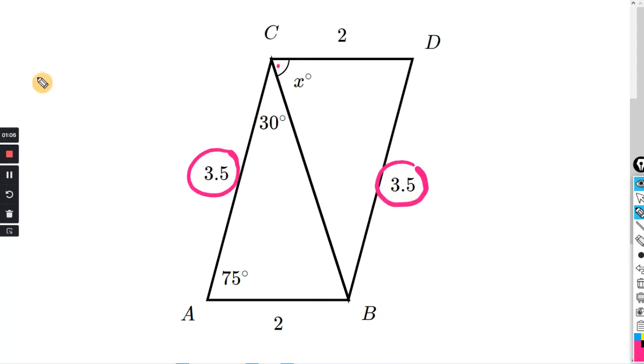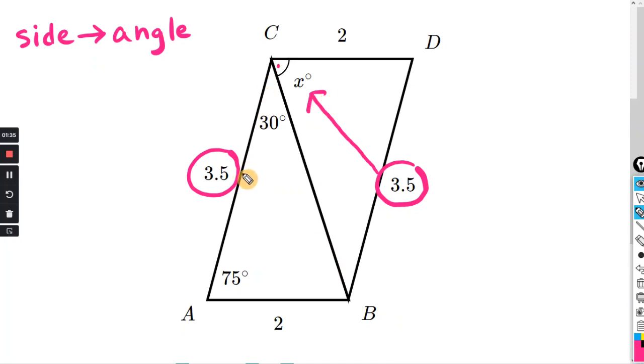So what we're going to do is go from side to angle, or you can do it the other way around, and match up congruent sides with congruent angles. This side right here, 3.5, across from that side is the angle x. And this side right here, 3.5, is across from this angle right here.